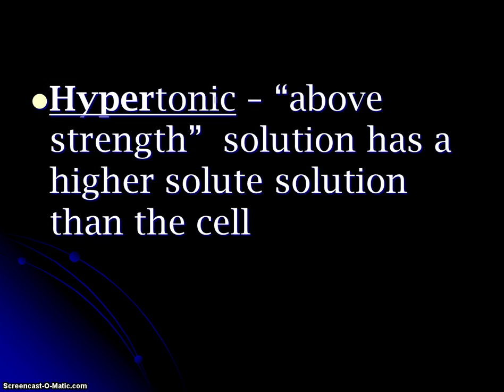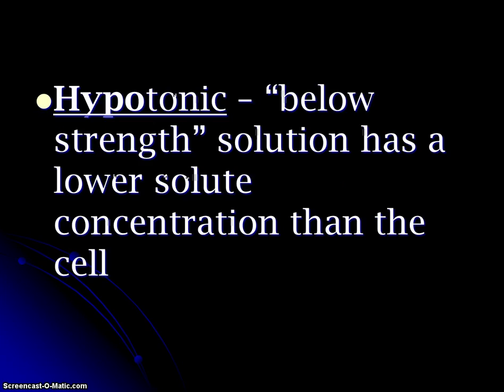If you have more outside the cell than inside, then the cell is considered to be in a hypertonic state or hypertonic solution. And vice versa, if you have too much of something inside the cell versus outside in its environment, then the cell is in a hypotonic state or hypotonic solution.